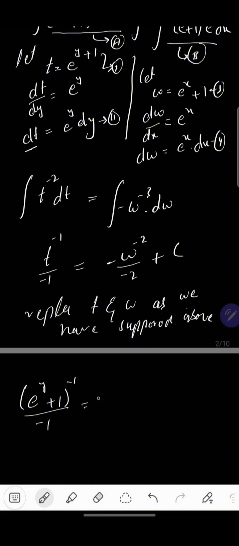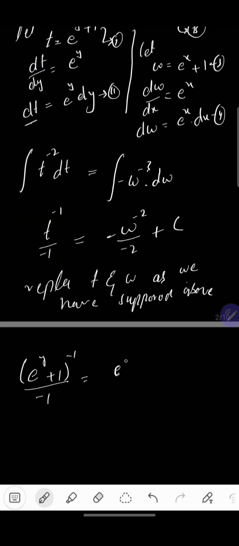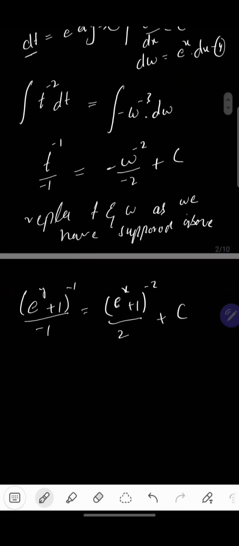On the right side, minus times minus gives plus, so we get (e^x + 1)^(-2) divided by 2 plus c. This is the general solution of the given differential equation, but first we rearrange it. We get minus 2(e^y + 1)^(-1) equal to (e^x + 1)^(-2) plus c.